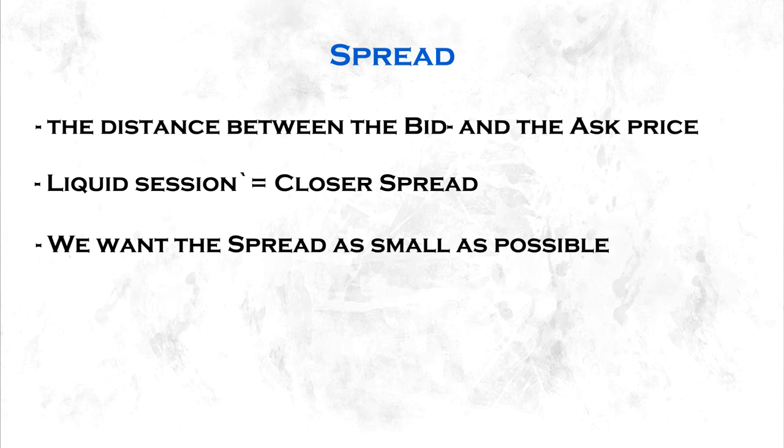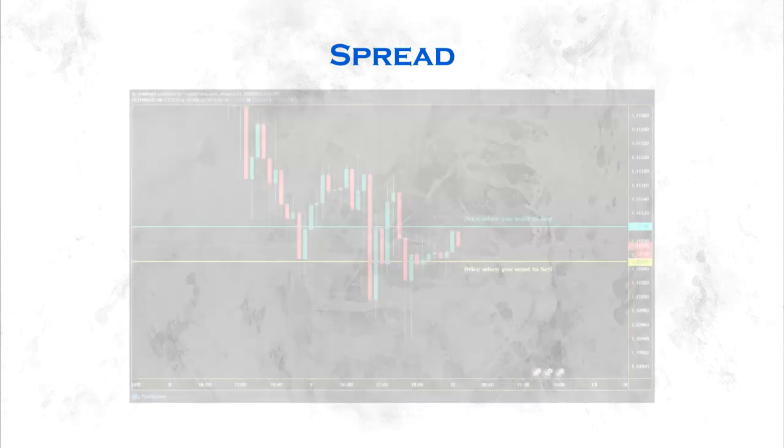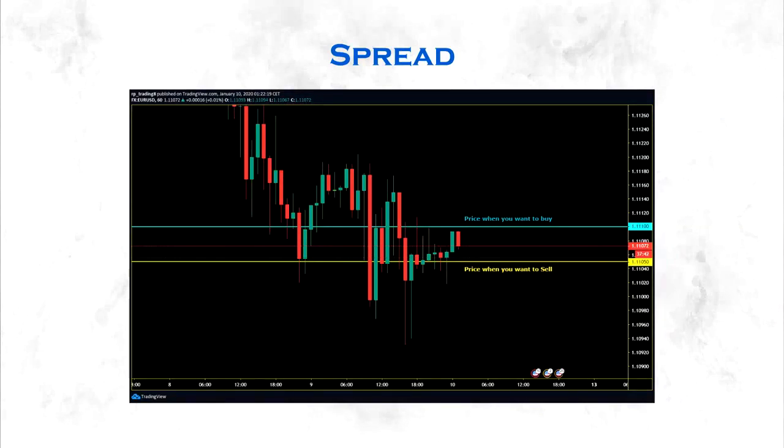The broker will always give you the worst price to be safe, so when the actual price is somewhere around 1.11072, like in this example, your broker will probably give you the worst price of 1.111 if you buy, or the worst price of 1.1105 if you sell this market. The more liquid the market is, the closer these bid and ask lines are, and the more accurate is the price that you are going to get from your broker. And this is what you want. You want to have the spread as small as possible.